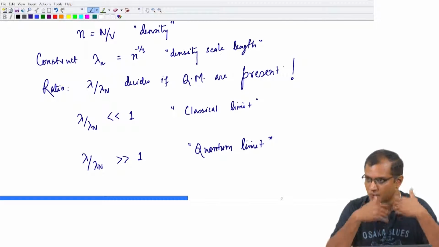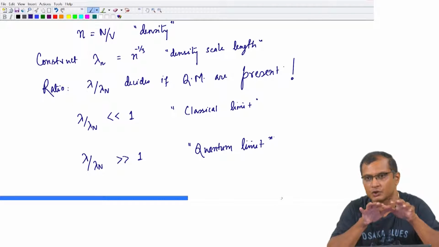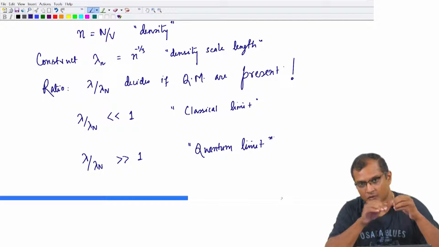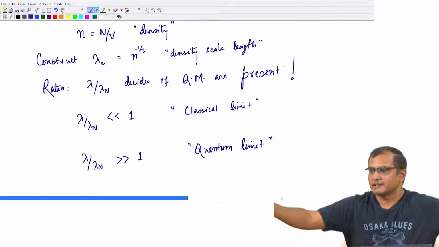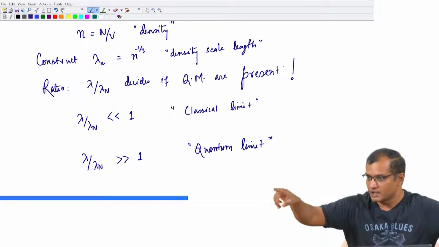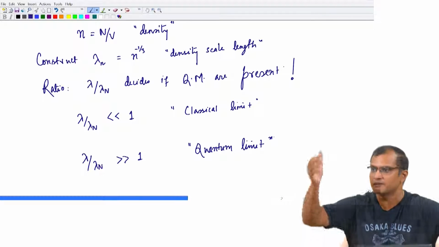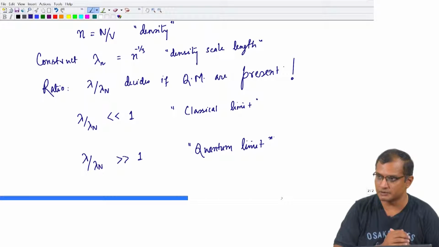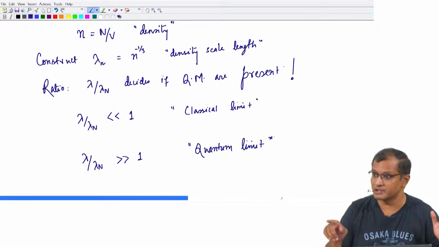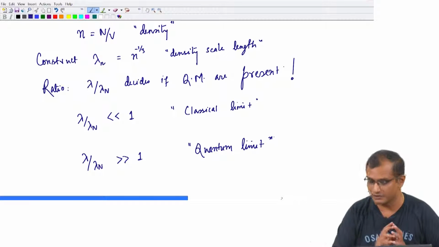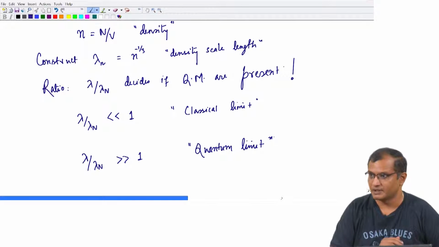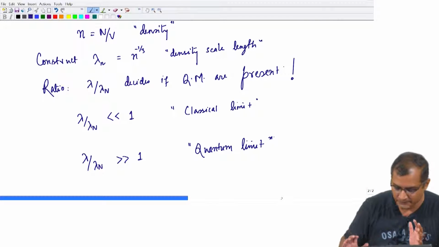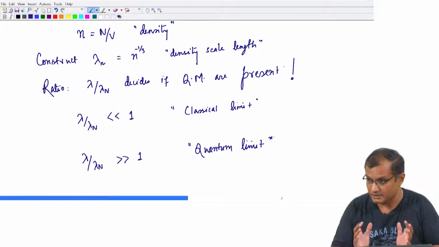Now, the quantum limit for the system can come if you go to high density and low temperature. If you go to low temperature, your de Broglie wavelength will inflate, it will become larger and larger because it goes as 1 upon square root T. So, low temperature means de Broglie wavelength will go up. What happens to the denominator? When the density is large, the particles are closer together.